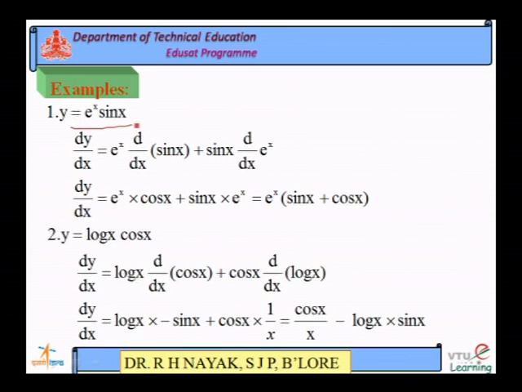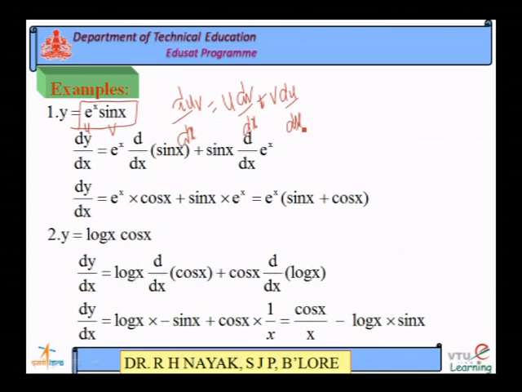Differentiation of e power x into sin x. What is u? u is e power x. What is v? v is sin x. What does the rule say? d by dx of uv is equal to, keep u as it is, differentiation of v, plus keep v as it is, differentiate u.